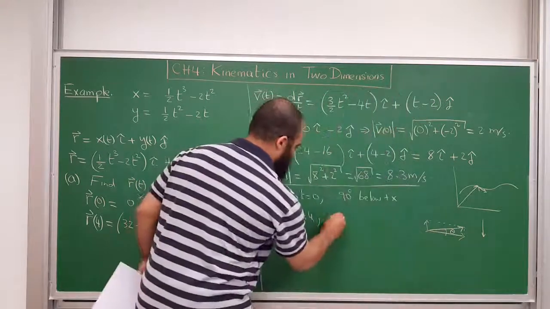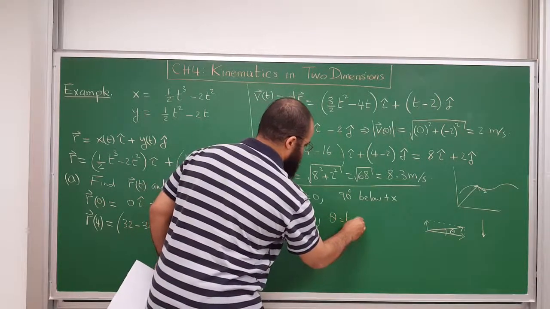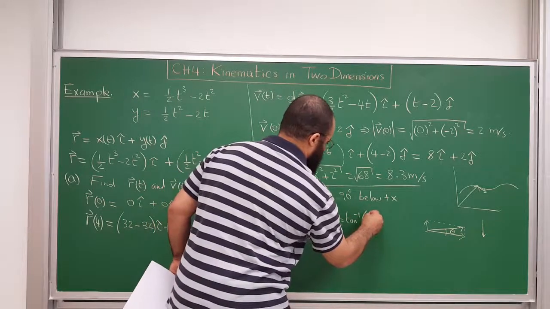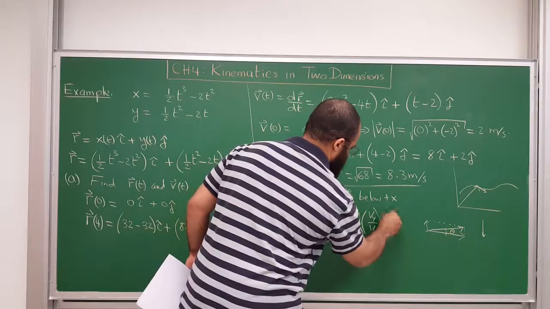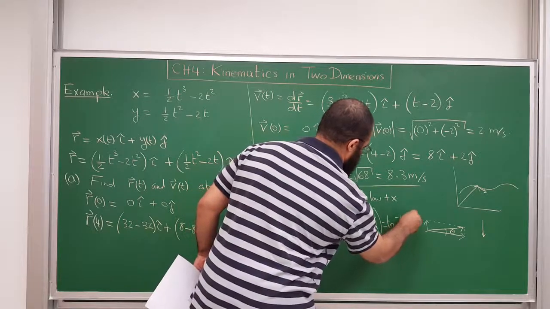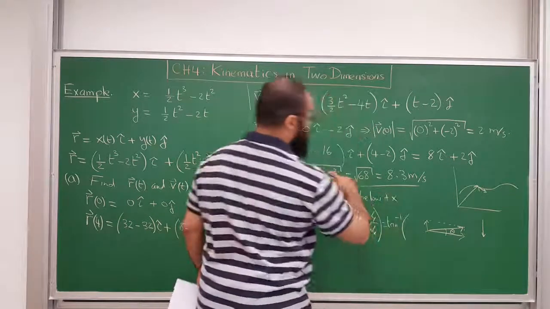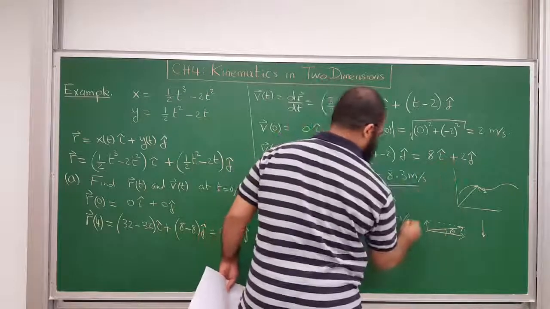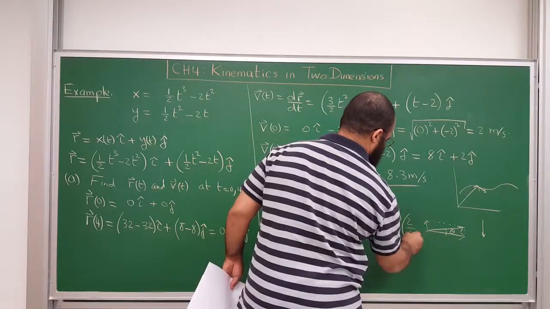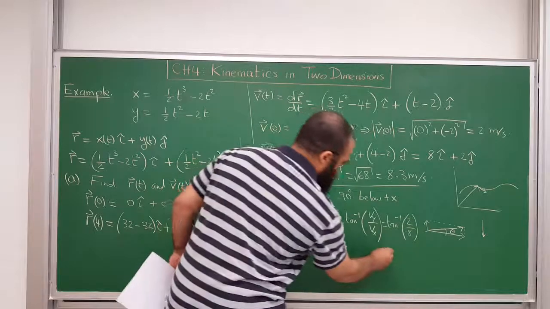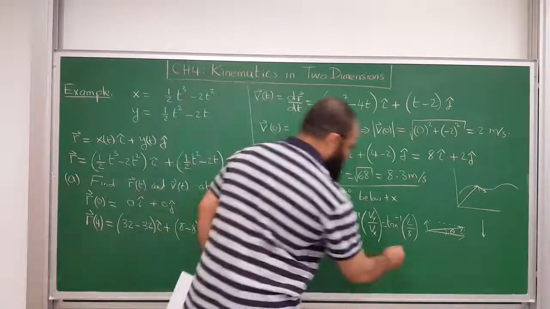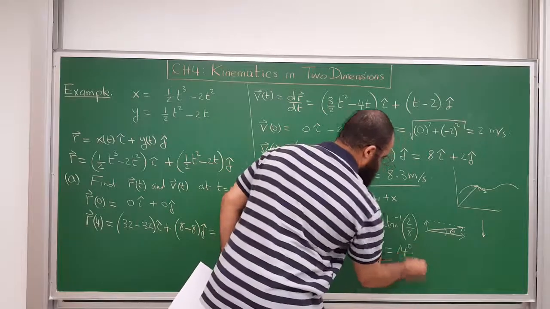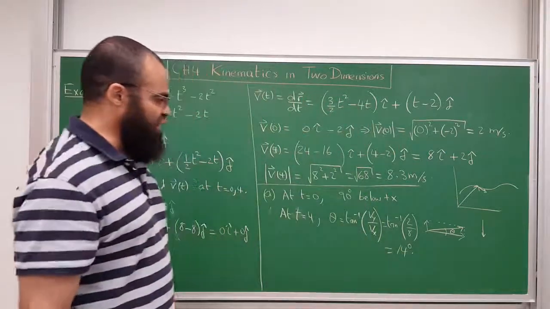So theta itself will be tangent inverse of the y component of velocity over the x component of velocity. The y component of velocity is 2 and the x is 8. So it's 2 over 8, or a fourth. And so that turns out to be, if your calculator is in degrees, 14 degrees above the positive x-axis.